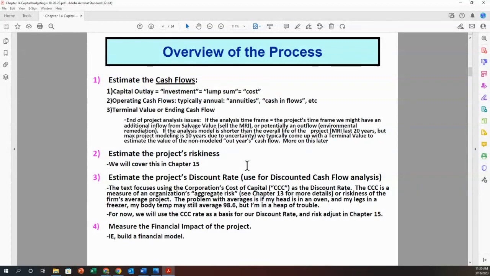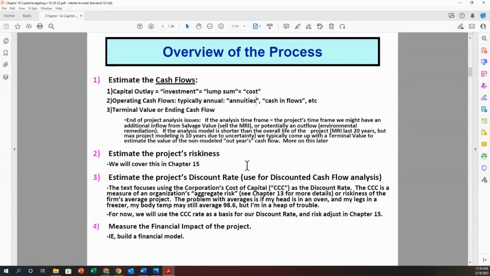Another way to think about it is the riskiness of the firm's average project. The problem I have using average is, if my head's in the oven and my legs are in the freezer, right, my body temp may still average 98.6, but I'm kind of in a heap of trouble.